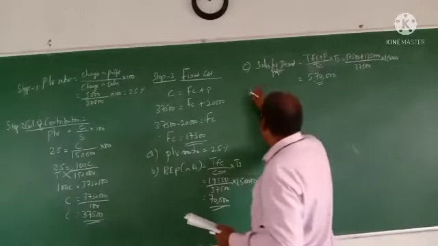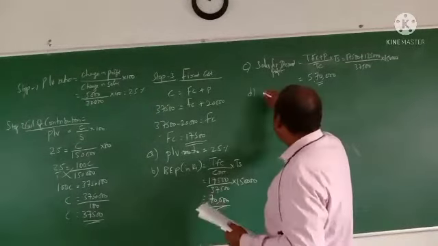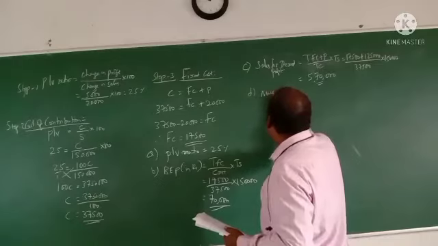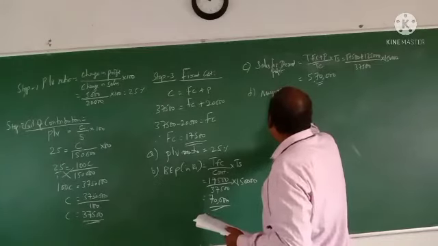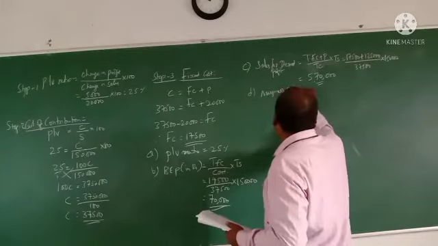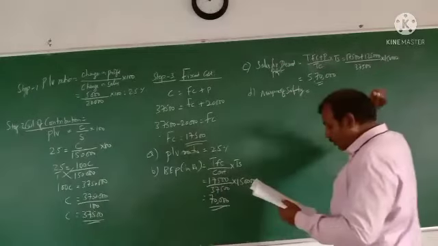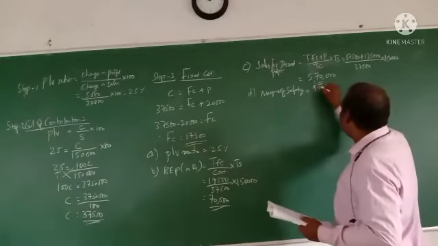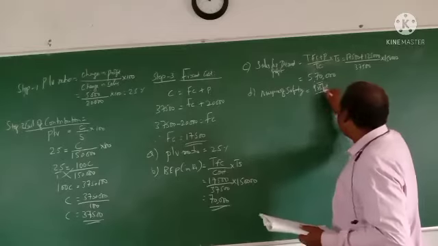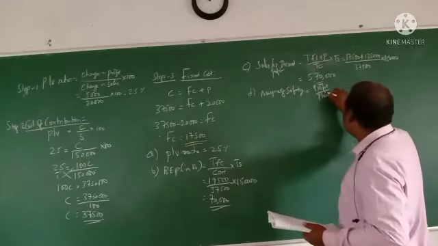Question number D, margin of safety. Margin of safety equals, the formula is profit divided by PV ratio.